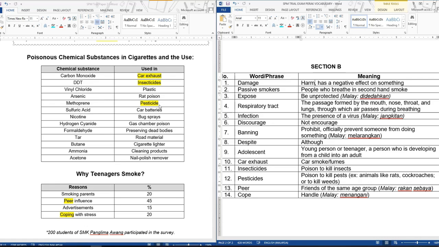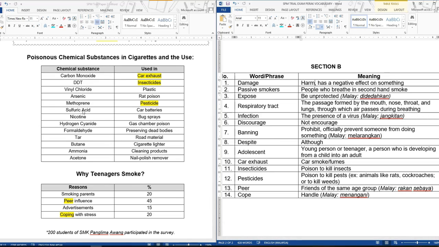Methoprene is found in pesticide. And pesticides, there are several types of them. They're usually poison to kill pests, so they can be animals like rats or cockroaches, but if you use the pesticide to kill weeds, weeds in Malay are called lalang, so these are pesticides to kill plants.